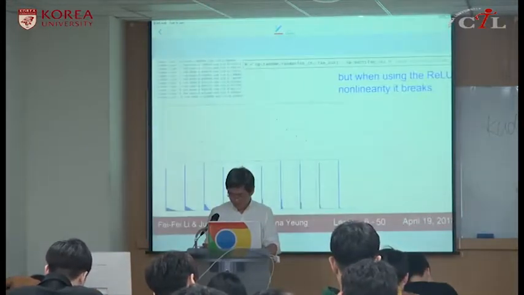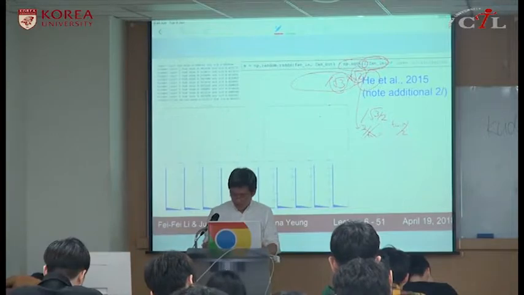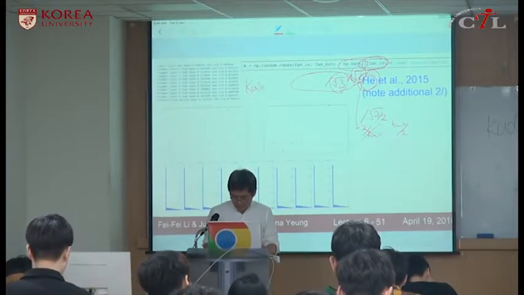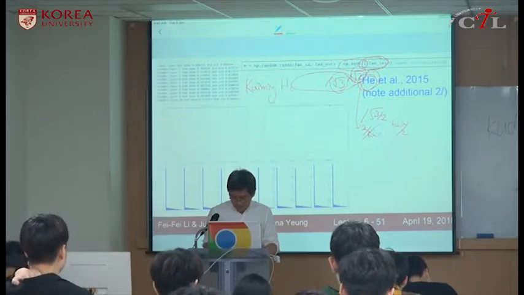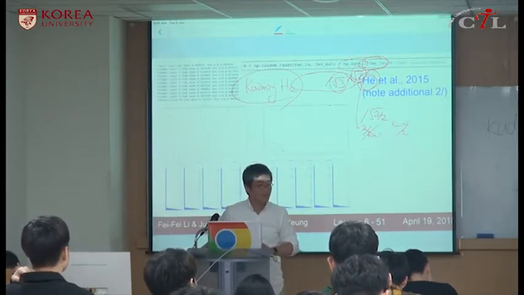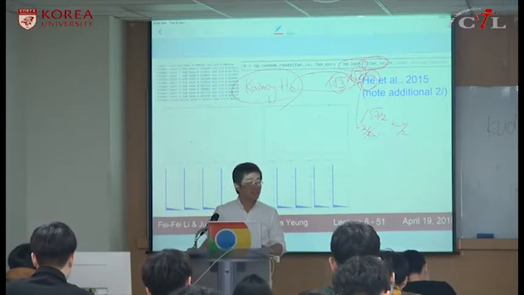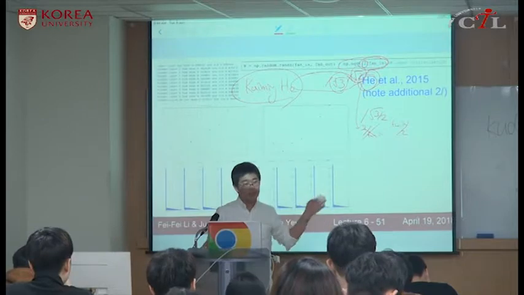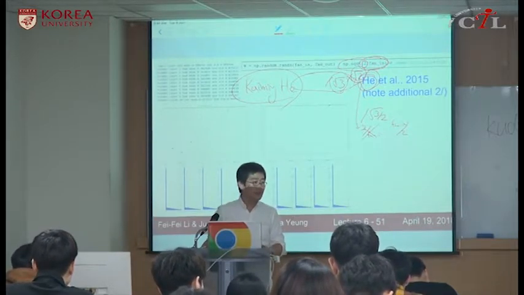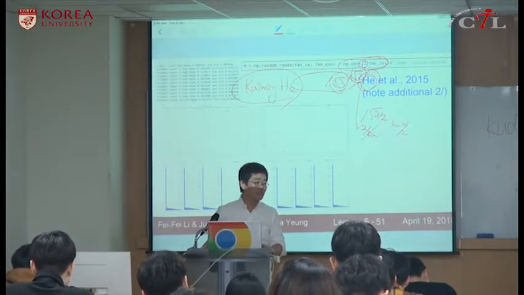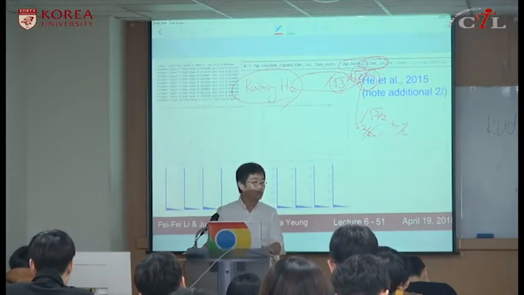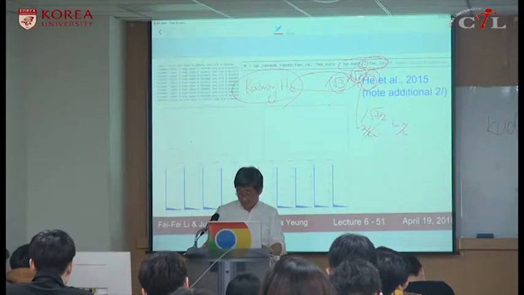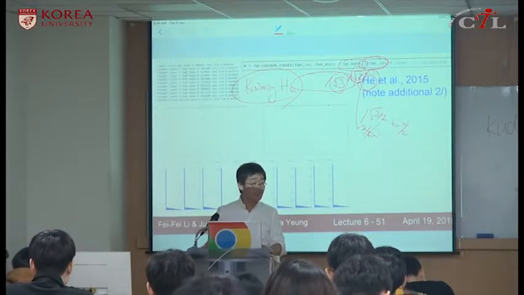And this guy has the full name Kaiming He. In the next lecture, I mean, this is lecture 6, and in lecture 7, when Justin Johnson briefly reviewed the previous lecture material, he mentioned this initialization by a different name.